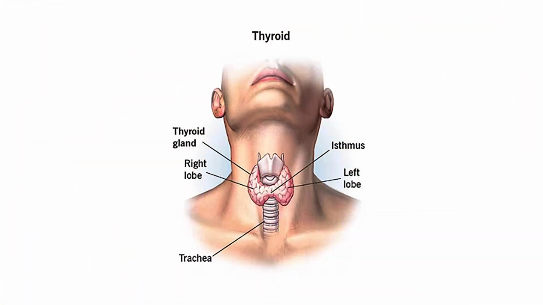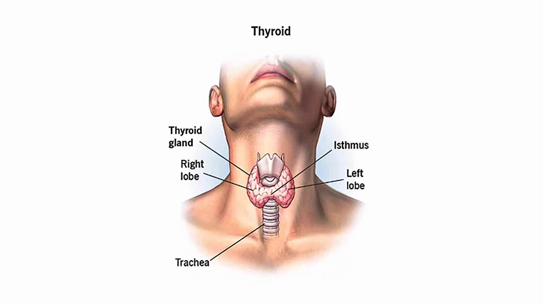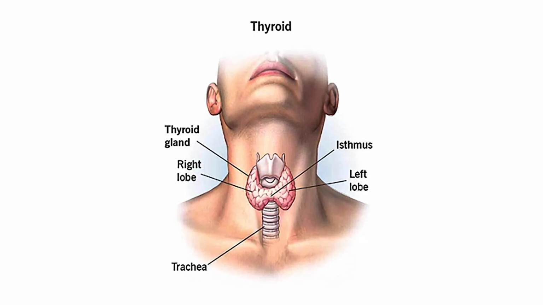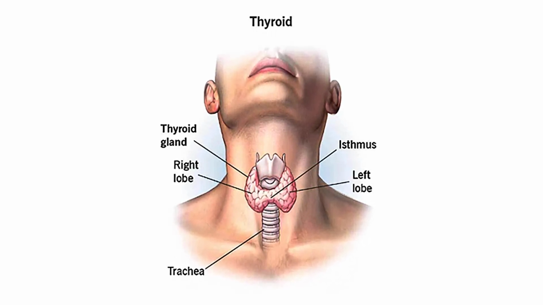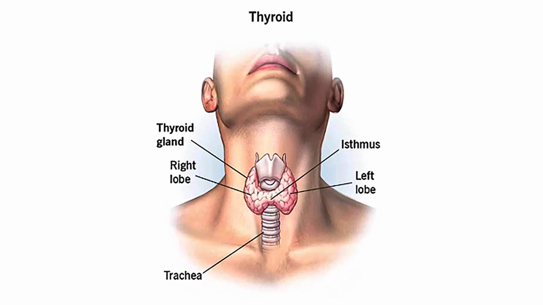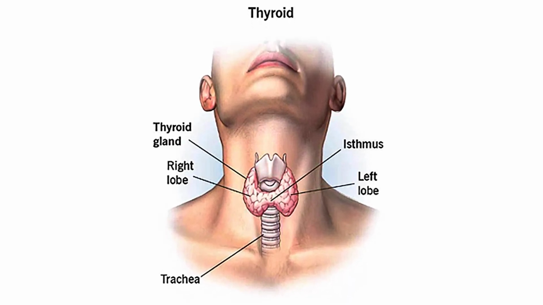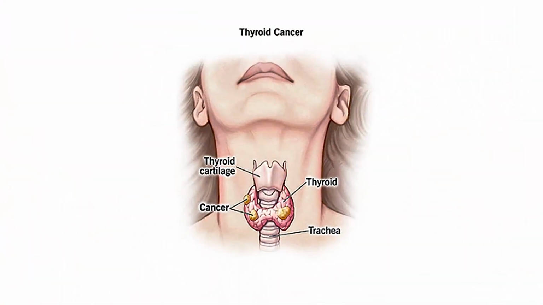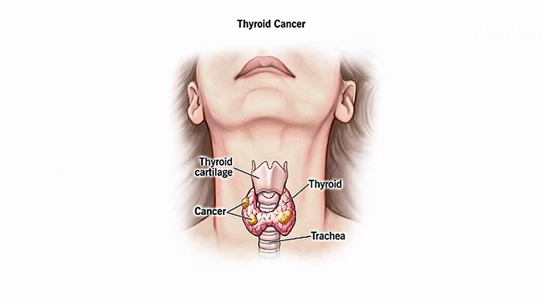Now, thyroid swelling or thyroid tumor. It is swelling within the thyroid gland, and it is common, mostly benign and rarely malignant. The thyroid gland is a butterfly-shaped gland situated in front of the neck just below the Adam's apple.